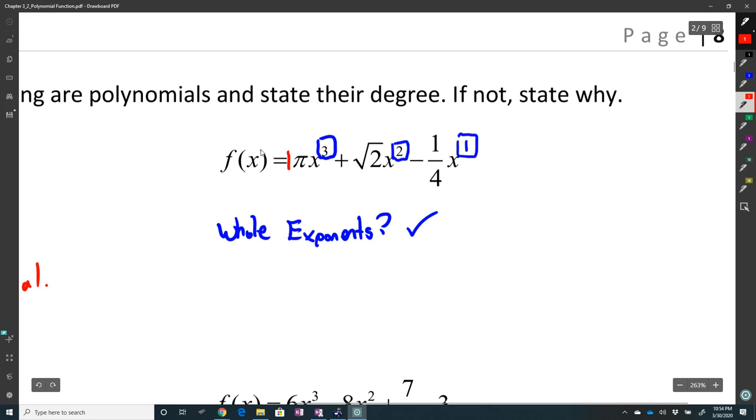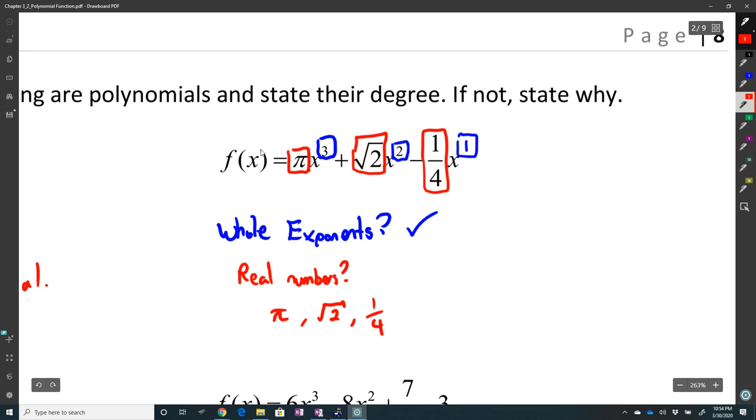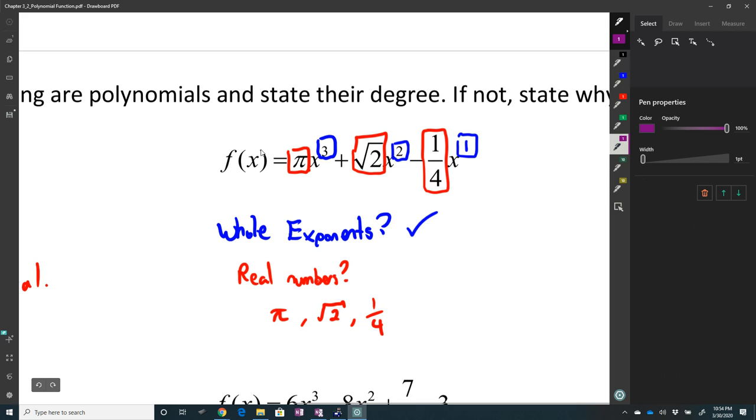Now I look at the numbers in front. Okay, and are those real numbers? So is pi, square root of 2, and really it's negative, but I'll just write a 1/4, are all these numbers on the number line?